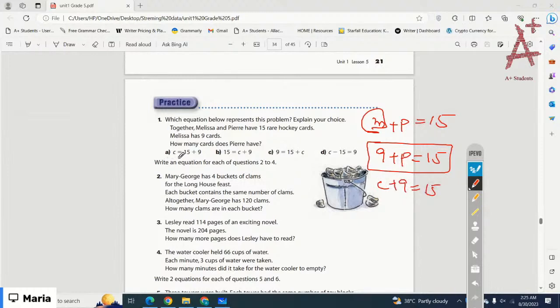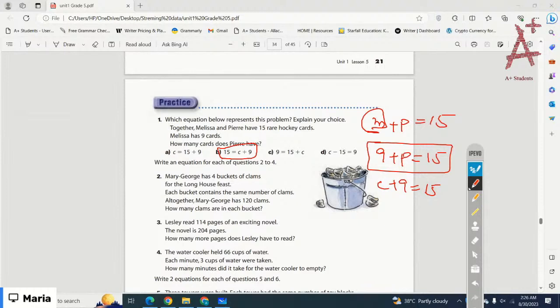That would be the correct one. Yes, option B. I just replaced the variable P with C, because in the question they use the variable C. I referred to P as Perry and M as Melissa. So in the question they use C, so it would be C plus 9 equals 15. Either you write C plus 9 equals 15 or 9 plus C equals 15. They are exactly the same. Equation number 2 is the correct one. B is the correct one, right?